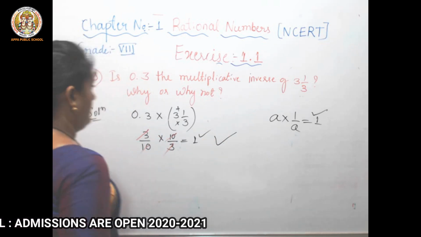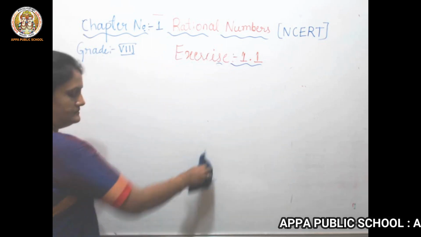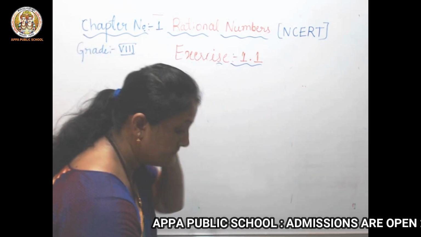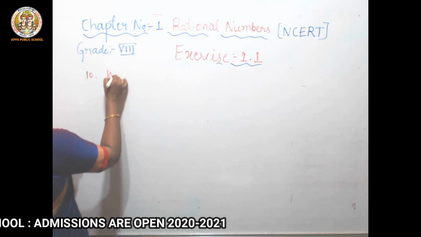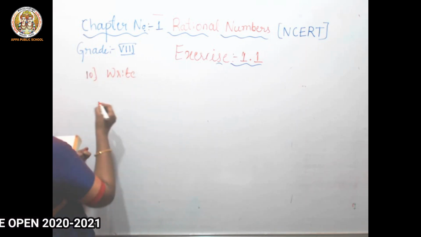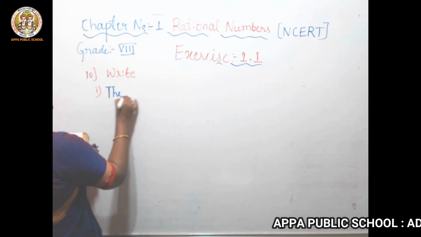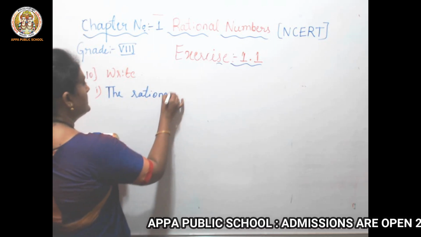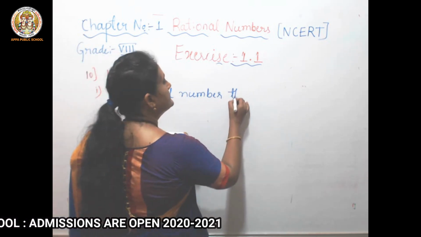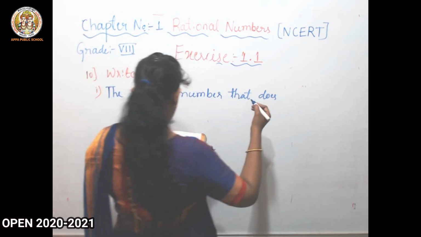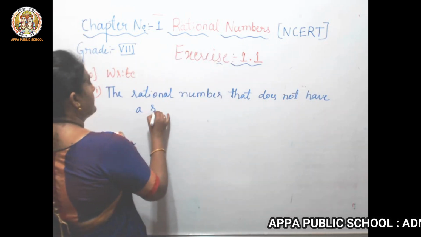Now let's start question number 10. Write the first one: the rational number that does not have a reciprocal.